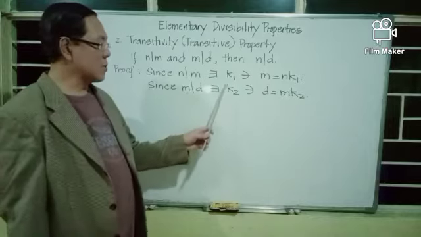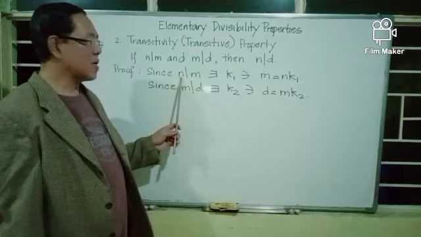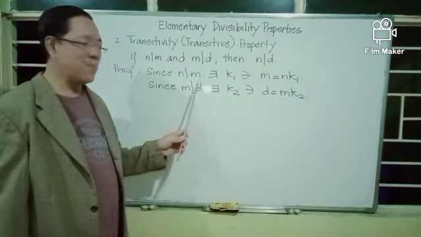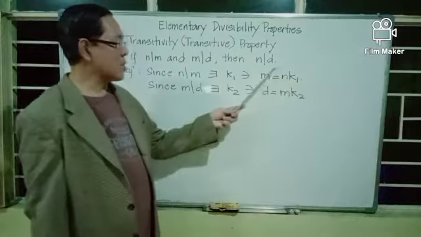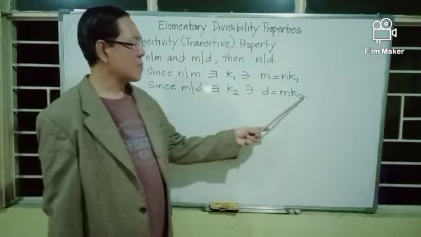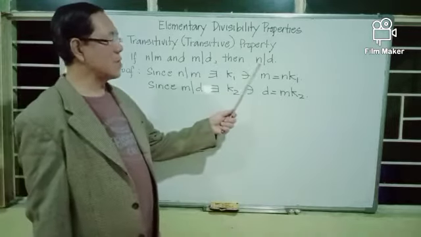And we are sure that these integers k1 and k2 exist because we are given that n divides m and m divides d. And we will make use of these two equations to show that n divides d.